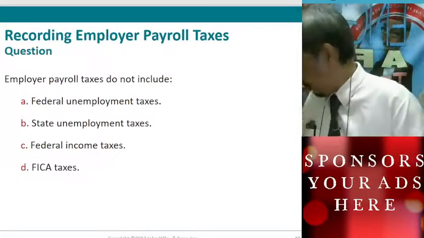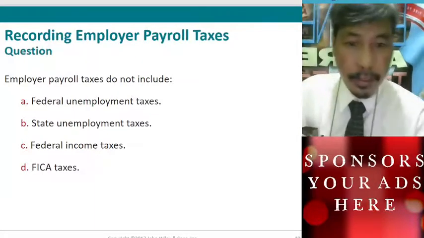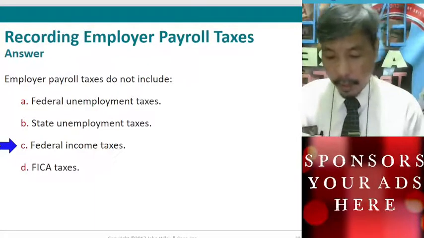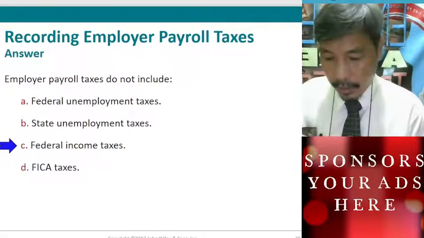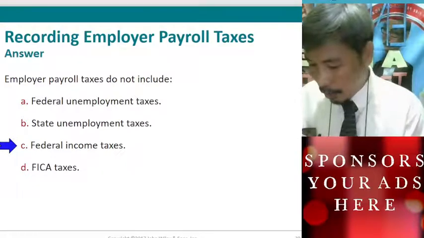Employer, therefore, they do not have letter C, federal income tax, because they are the employer. They did not get an income from paying the salary. They get an expense.